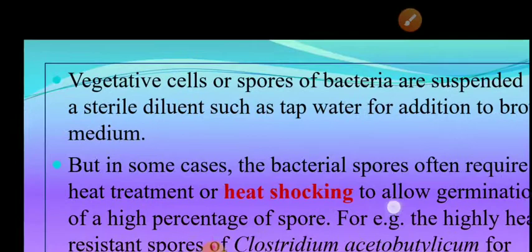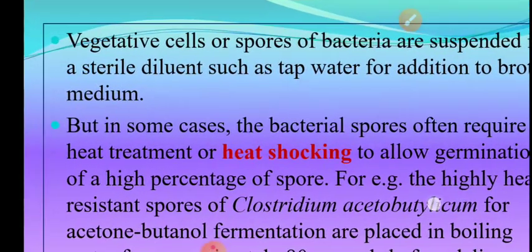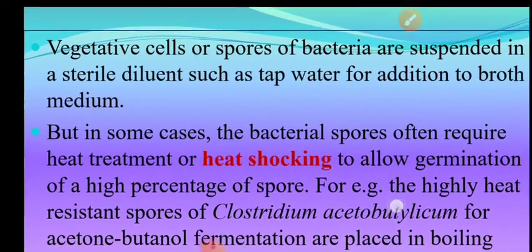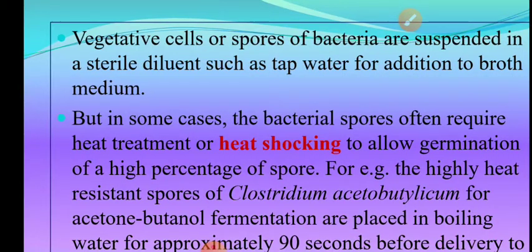Now, vegetative cells or spores of bacteria are first suspended in a sterile diluent like tap water for addition to broth medium. That means they are first suspended in a diluting agent like water, and then you add it into the broth medium.